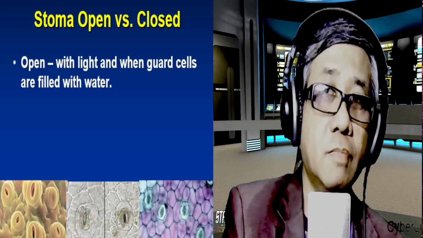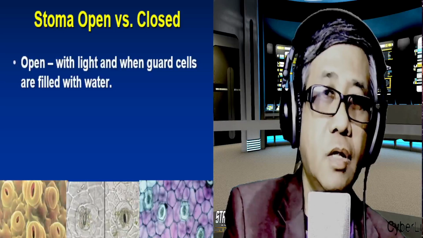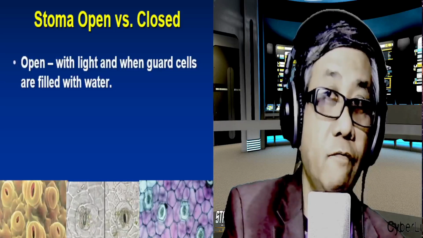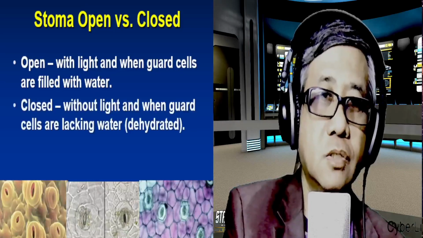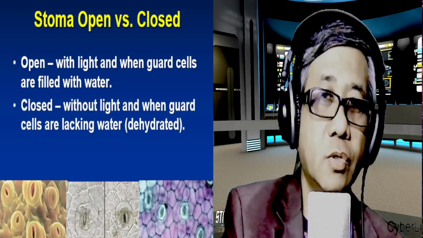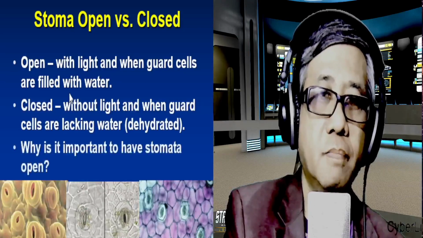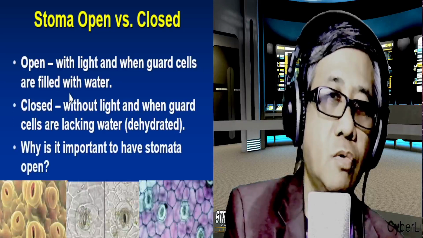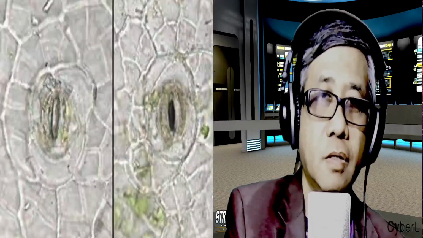The stomata opens with light and when the guard cells are filled with water, and the stomata closes without light and when the guard cells are lacking water or dehydrated. Now the question is, why is it important to have stomata open?